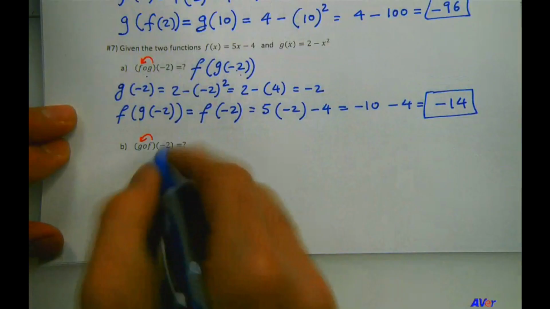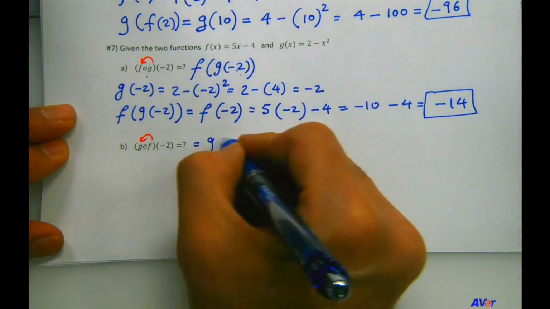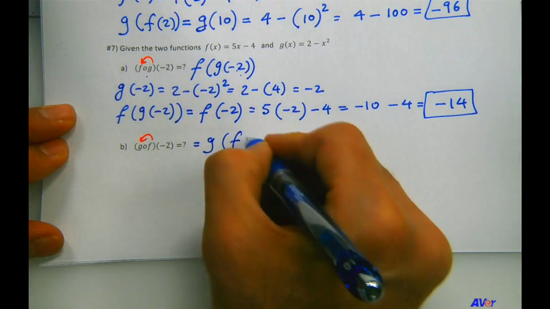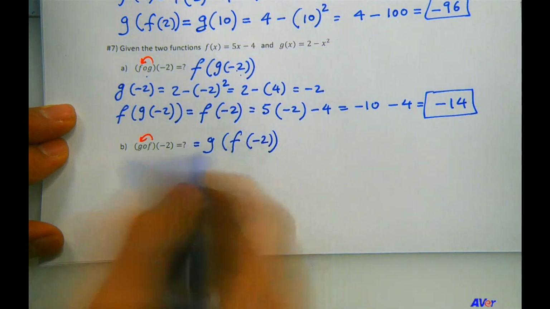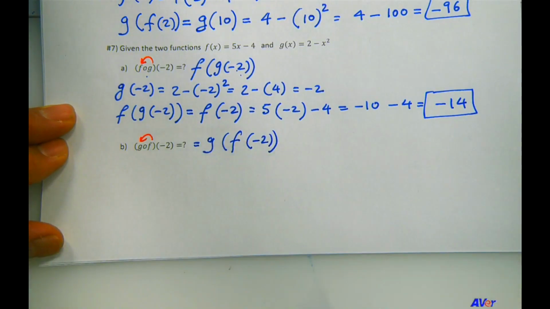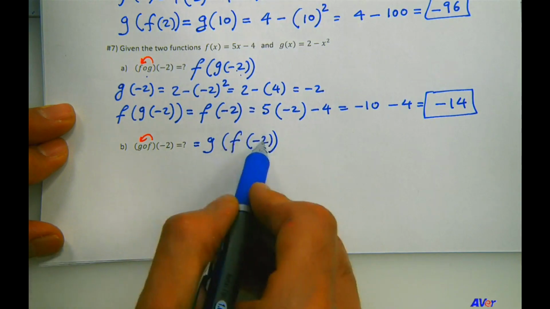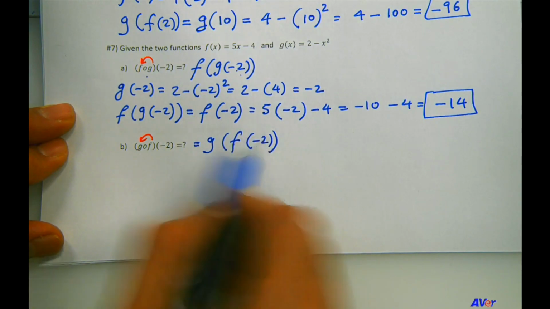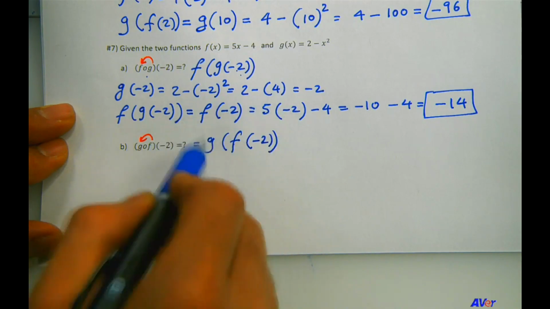This one is exactly the same thing as g composition of f at -2. These two notations are identical. So what this is saying is evaluate the function f at -2, and then that result goes inside function g to evaluate g at that point.